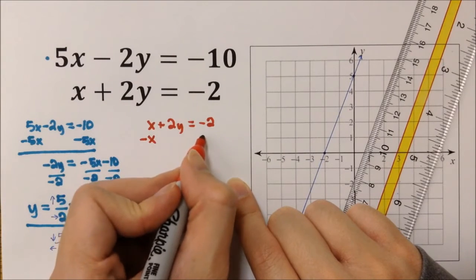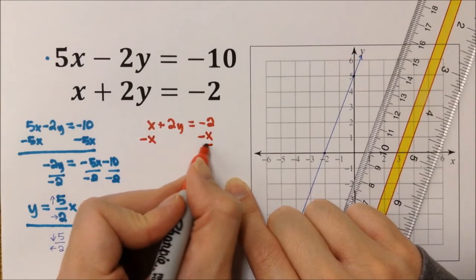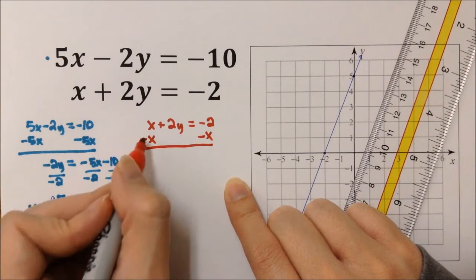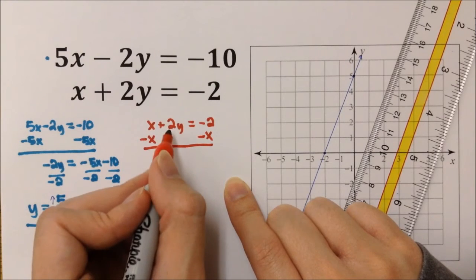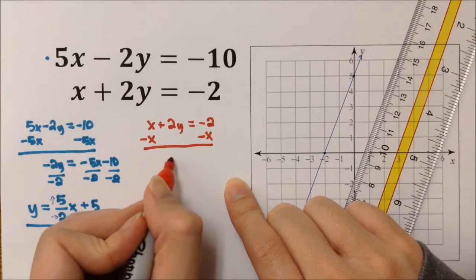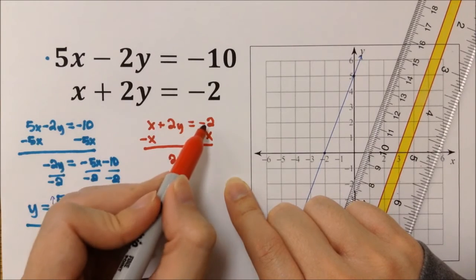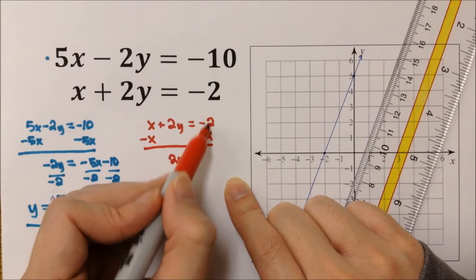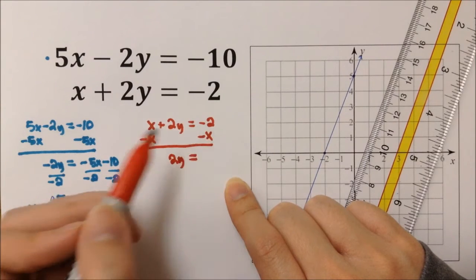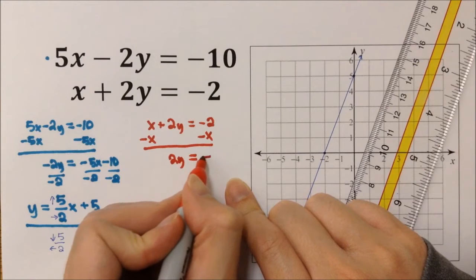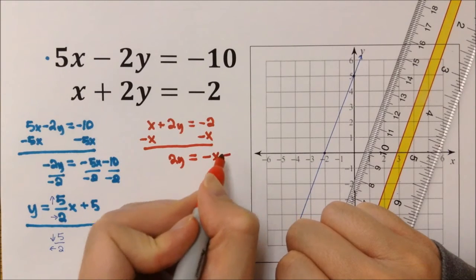I do it on the left, so I have to do it on the right. The x's cancel out, so the only thing I have left is 2y on the left side equal to negative 2 and minus x. They're not the same, so I can't combine them, so I'm just going to write it as negative x minus 2.